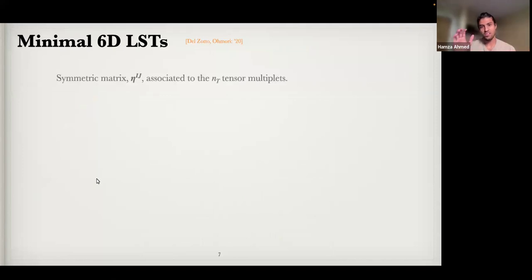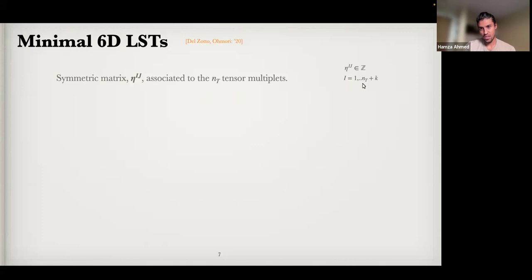To define these, I have to first tell you another piece of data, which is this matrix eta ij, which is associated to the tensor multiplets that I introduced on the last slide. So this is a pairing between these nt number of tensor multiplets. Some of the properties of this matrix are given here, where the elements are integer.